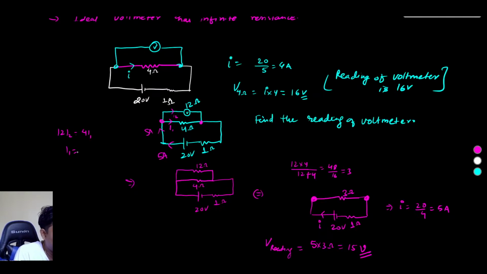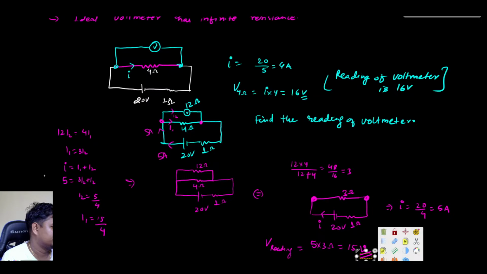So I1 is equal to 3 times I2, and I is I1 plus I2. I is basically 5 ampere, and I1 is 3 times I2 plus I2. So I2 is 5 by 4, and I1 is 15 by 4. If you calculate the voltage, 15 by 4 into 4 gives you 15 volt. Or you can write I2, that is 5 by 4 into 12, that will also give the same 15 volt.